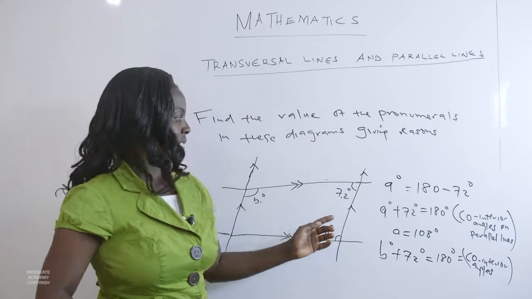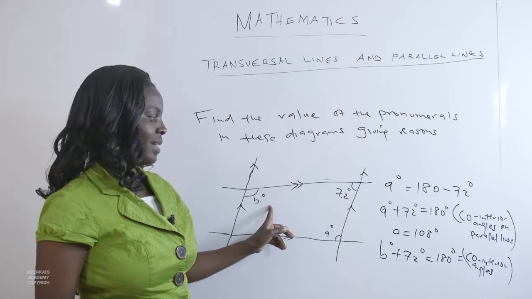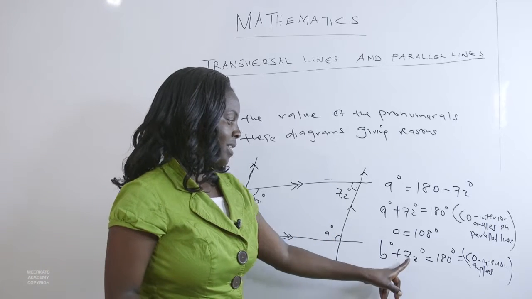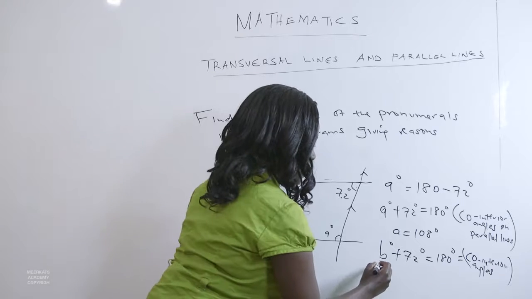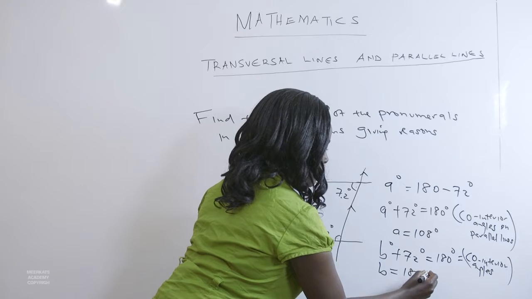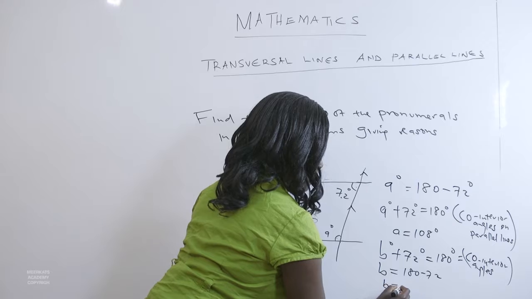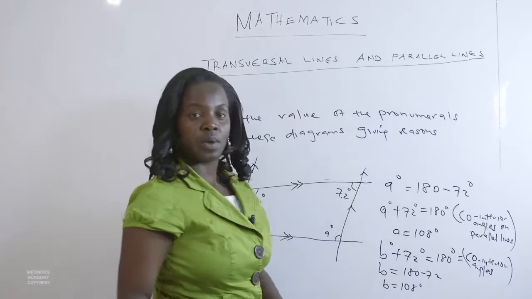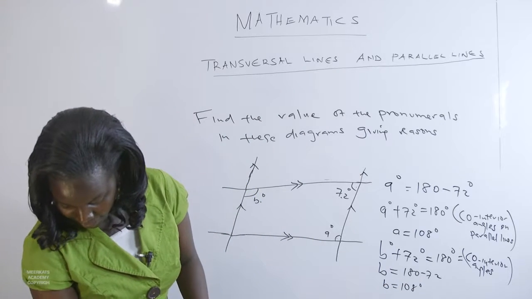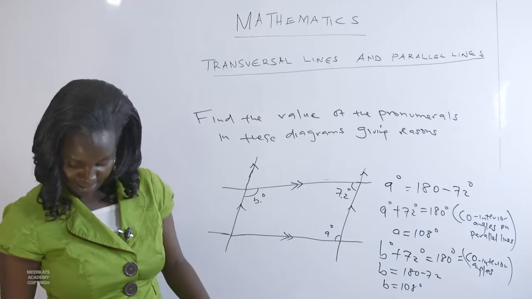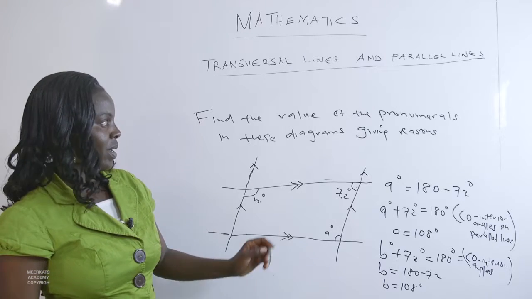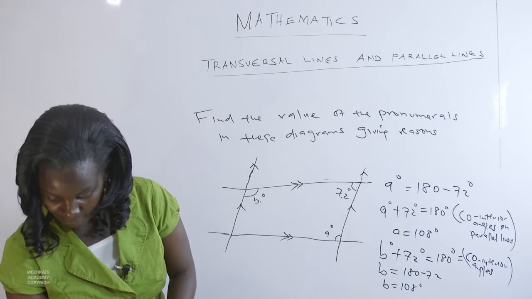If they are co-interior, we have said they should add up to 180 degrees. So B plus 72 is 180. Then B is also 108 degrees.